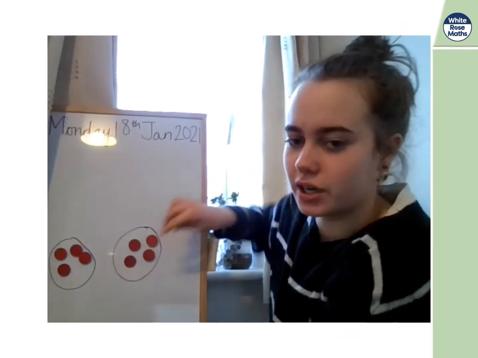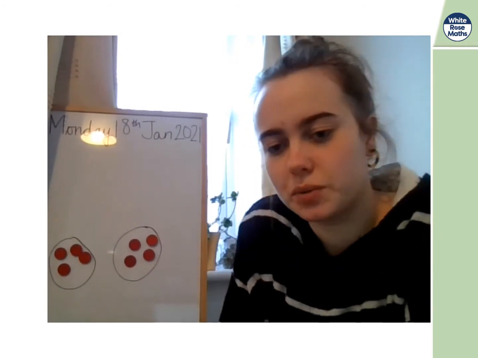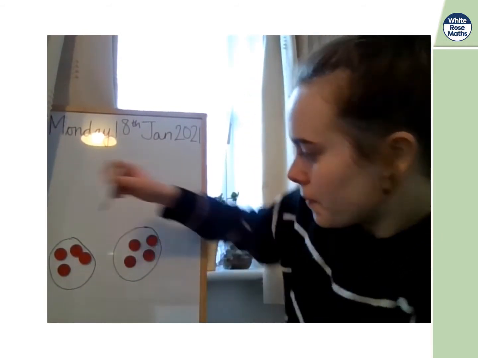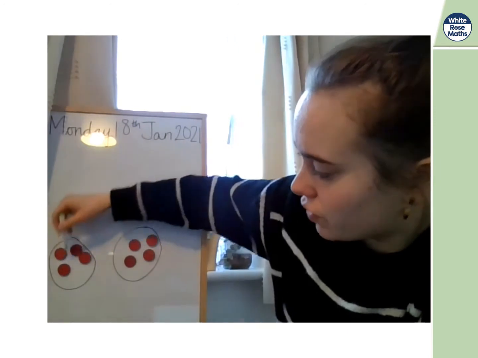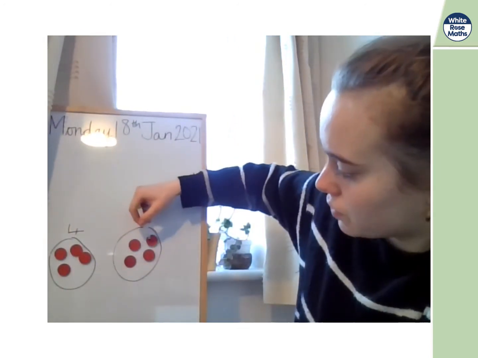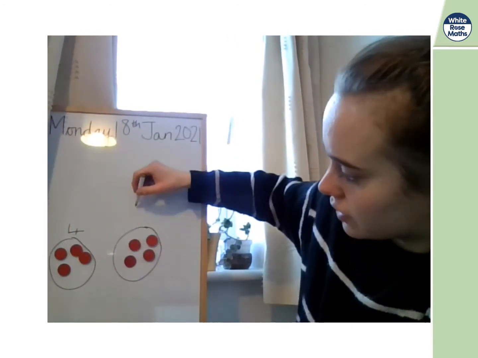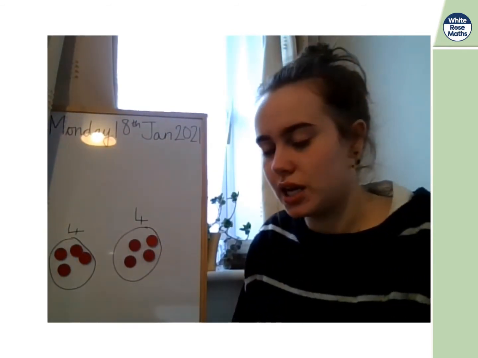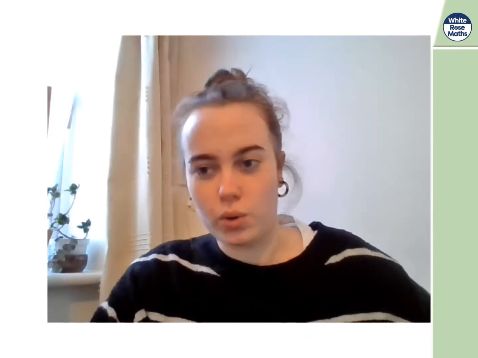There you go. So I took turns at sharing them into each group to make sure they're equal. So let's have a check. We've got 1, 2, 3, 4 counters in that group, and 1, 2, 3, 4 counters in that group. So I shared them equally. So that was 8 counters shared between 2 groups.